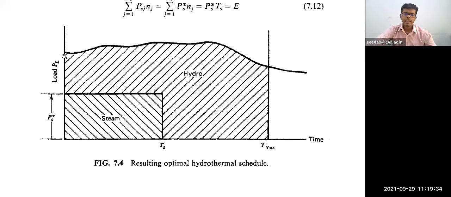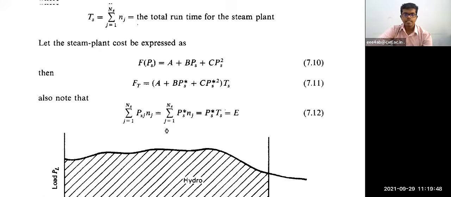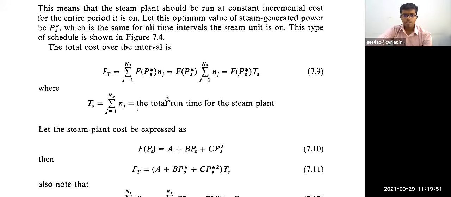In this figure it is clear that we are utilizing less power from the steam generating unit, and for less time also. That is what is given in the figure.